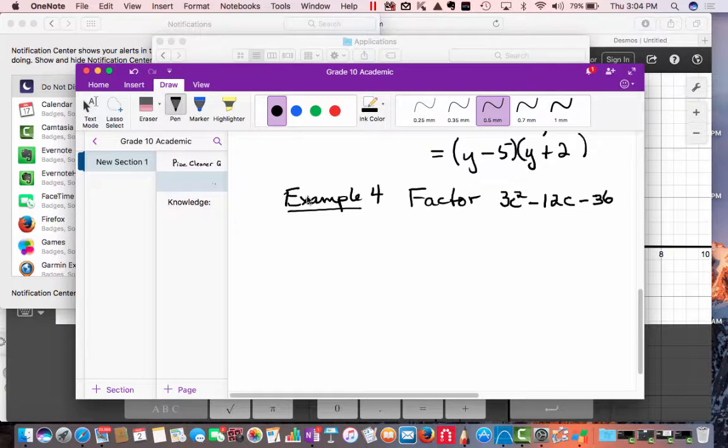As I mentioned previously, you should always try to factor, in any factoring question, I mean common factor. Looking here at the expression in example 4, all the terms share a common factor of 3, so we should take that out first. And that would leave us with c squared subtract 4c minus 12.